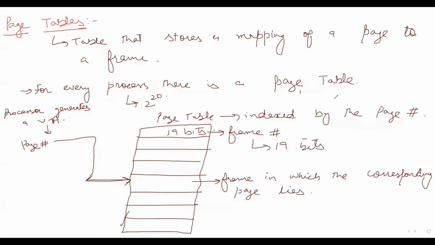So whenever the processor generates a virtual address for any process, we have to access the page table of that particular process. Let me explain it in detail. Now we have our processes P1 and P2, and their pages have been created.